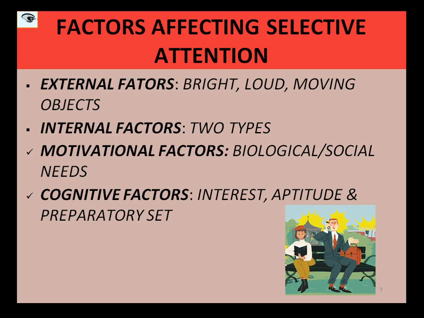Then, of course, we have our cognitive factors, and under this we have interest, aptitude, and the preparatory set. When we talk about the first one, interest: objects or events which are very interesting catch our attention.